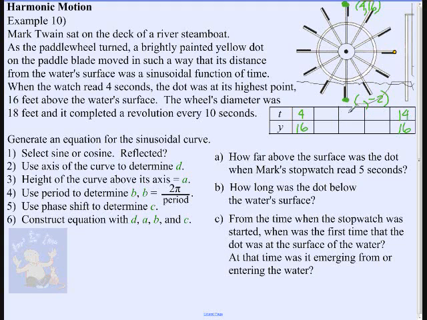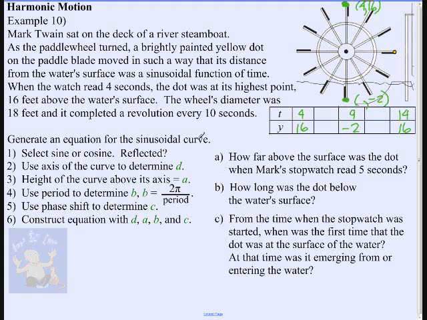Midway through this cycle will be how many seconds? 9, right? And at that point, going from here halfway, time-wise, is 9. And where are we with distance? We're at -2.